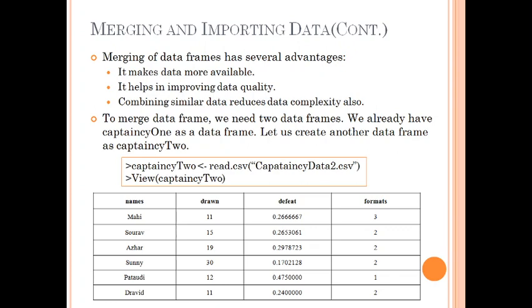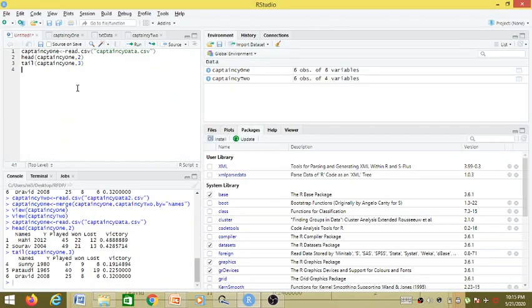So for that we will require two different data frames. We have already created one data frame, which is captaincy 1. Now let us create another data frame, captaincy 2, from another CSV file, captaincy data2.csv. Make sure this file exists in your current working directory.